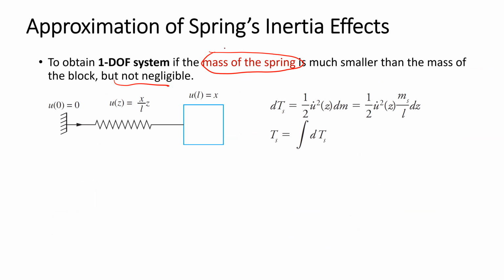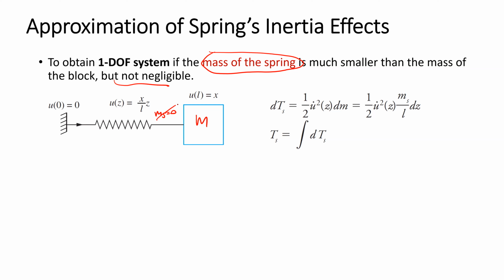Before this, we considered the mass of the box but neglected the mass of the spring. But in many cases, when the spring is heavy and we cannot neglect its mass, what should we do?